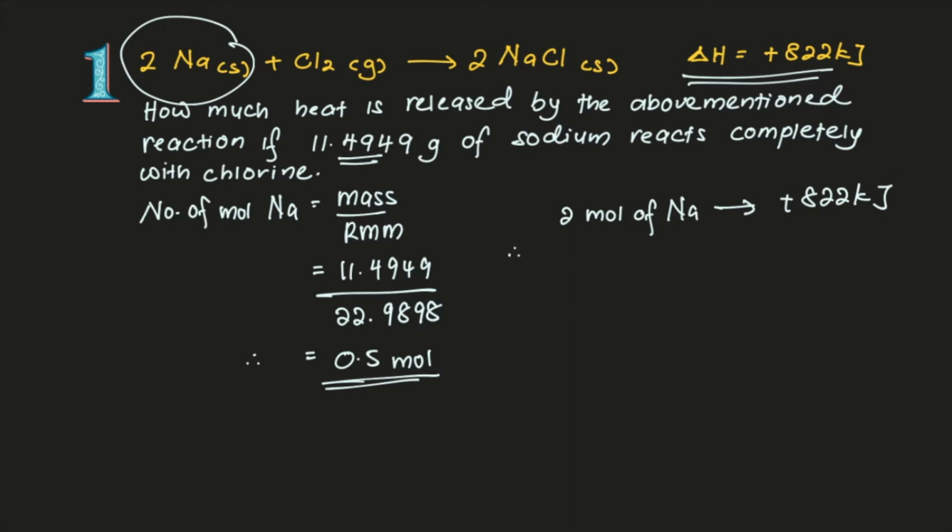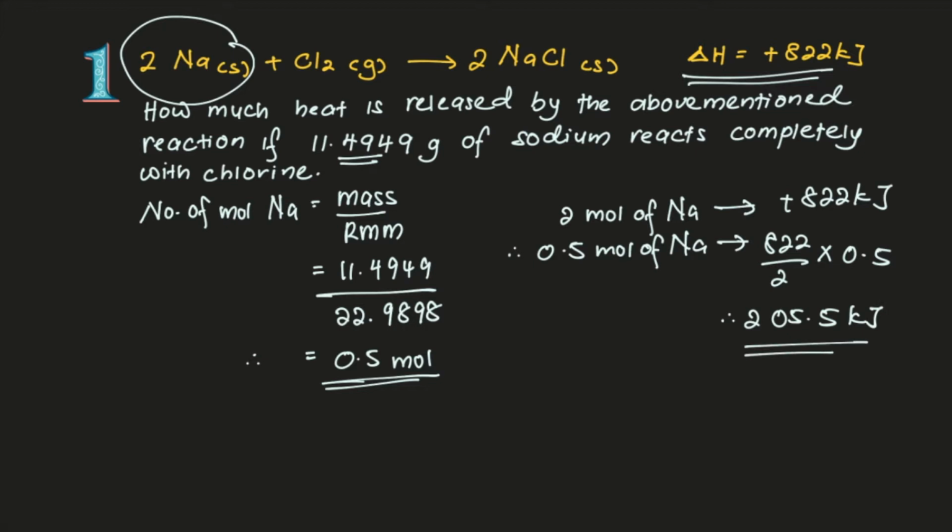But you have less than 2 mole, you only have 0.5 mole of sodium. Therefore, how are you going to do this? It is 822 divided by 2 times 0.5. So you should get 205.5 kilojoules. So this is the final answer for the first question.